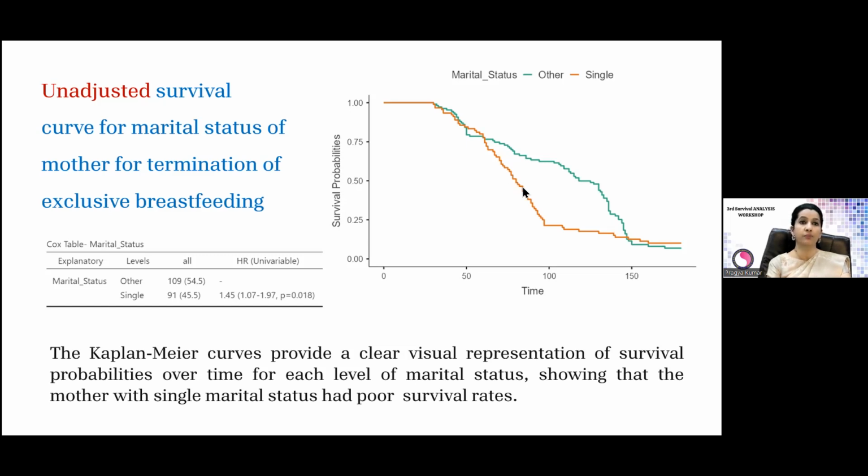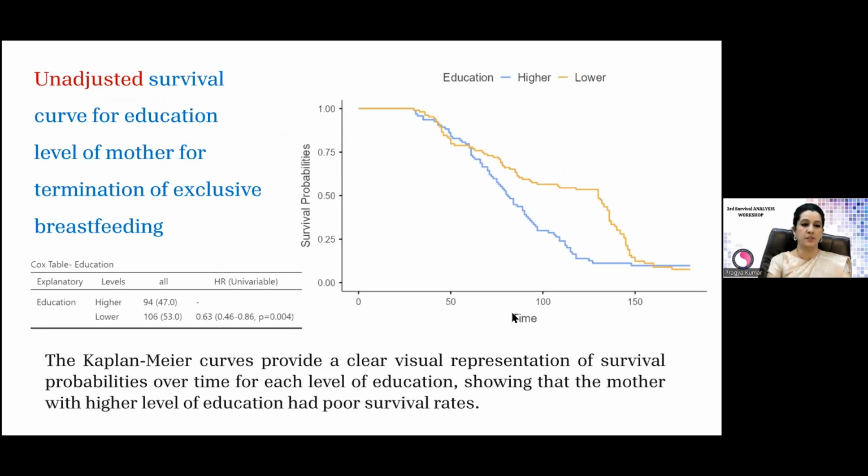It has a poor survival rate, because in Kaplan-Meier we know that the curve which is above has better survival probability. So this was from the Kaplan-Meier. This is Cox proportional. I'm not discussing Cox now, I'm just telling you what advantage the Cox proportional hazard model gives you over the Kaplan-Meier estimation.